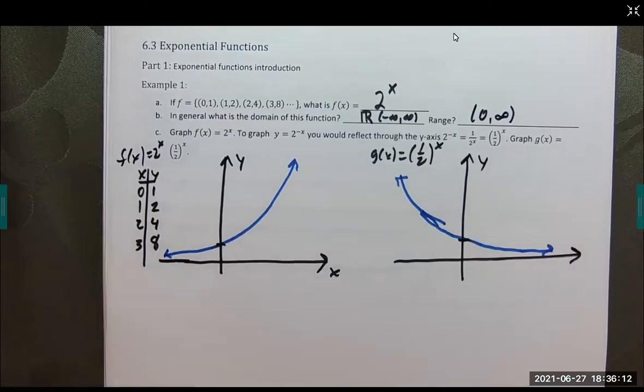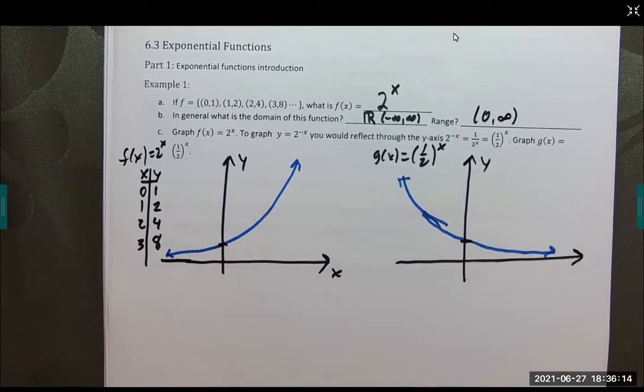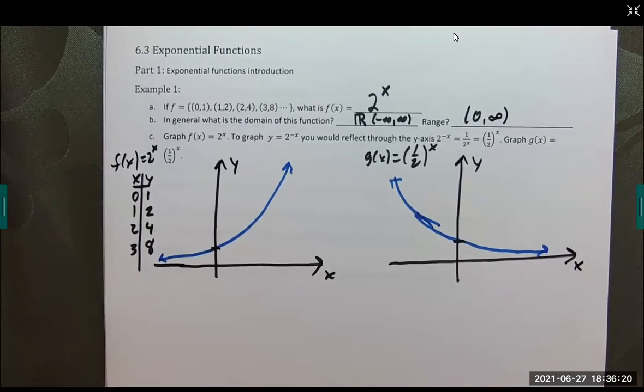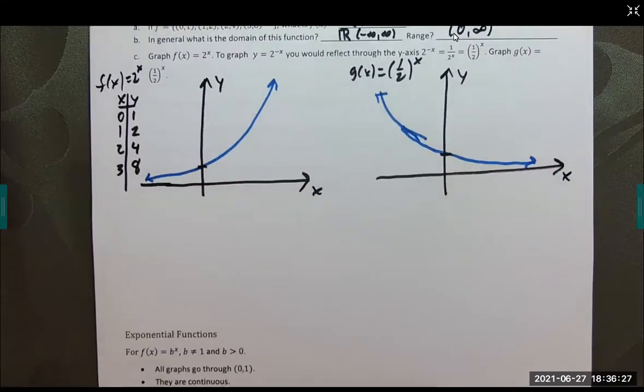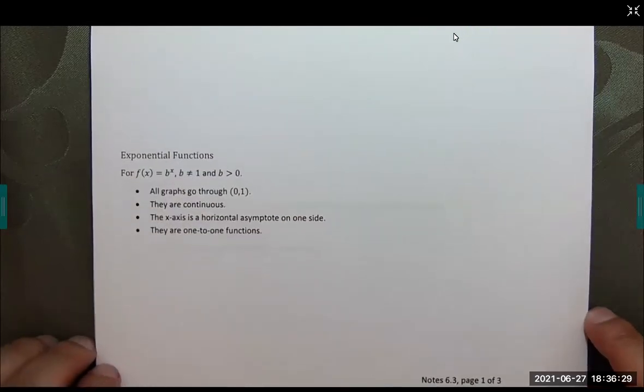So you can see as x gets larger here, y is dropping down to 0 very, very quickly. And the exact opposite is happening over here. It's exploding on this side. So here's an idea of what our graphs are going to look like.